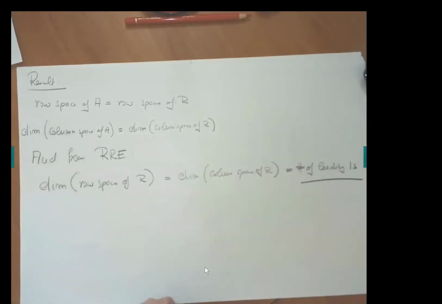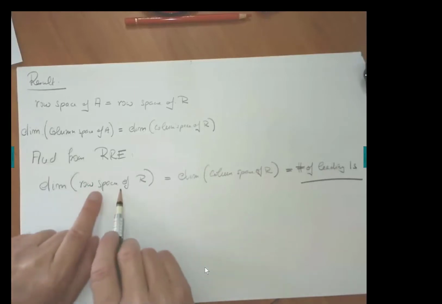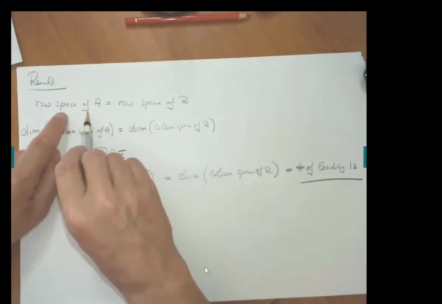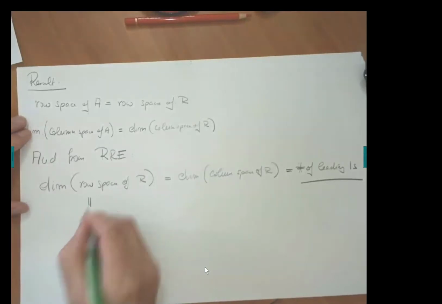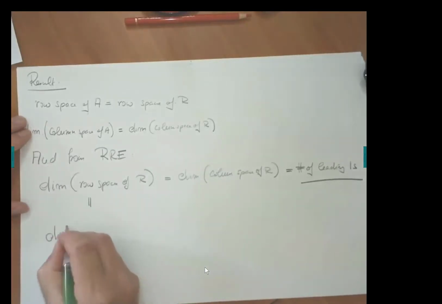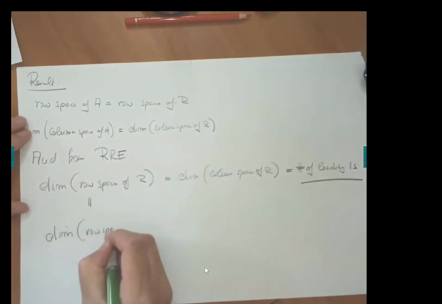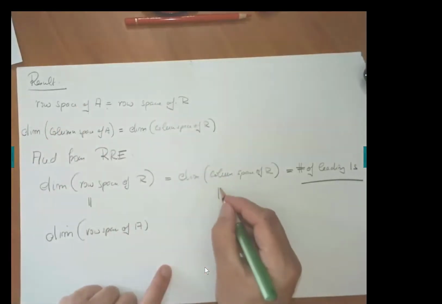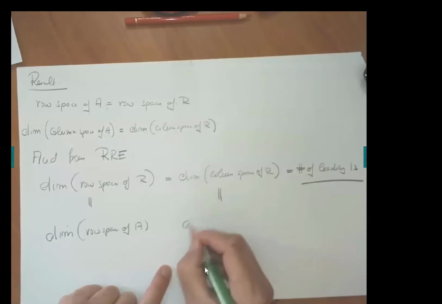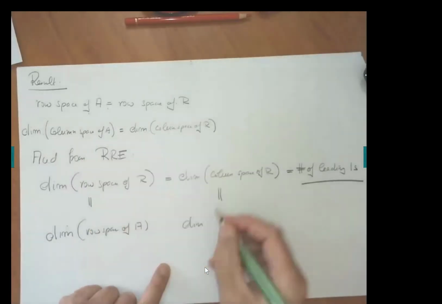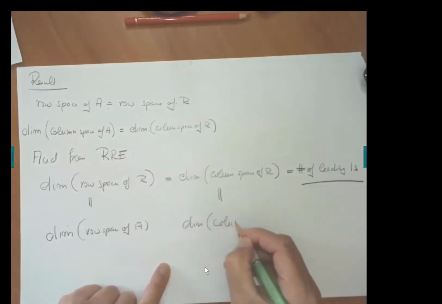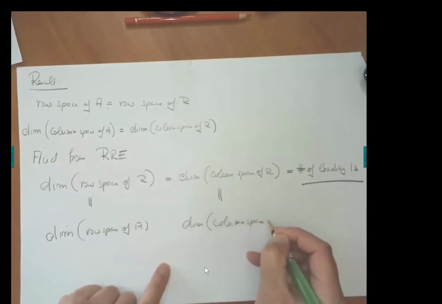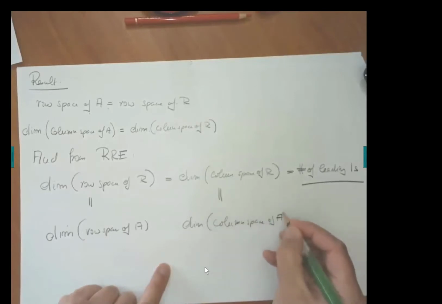And now we say, oh, but the row space of A is the same as the row space of R. So we can say this is equal to the dimension of the row space of A from this line. And this is equal to the dimension of the column space of A.